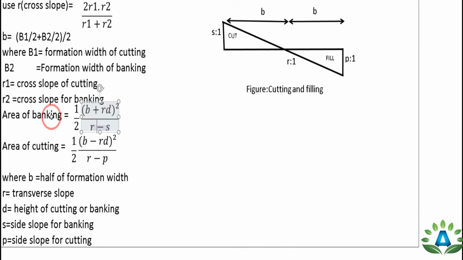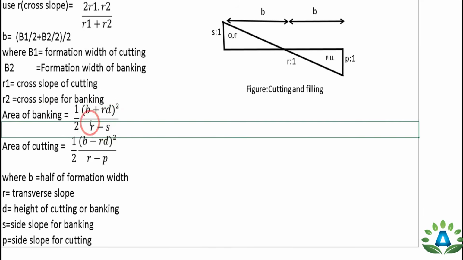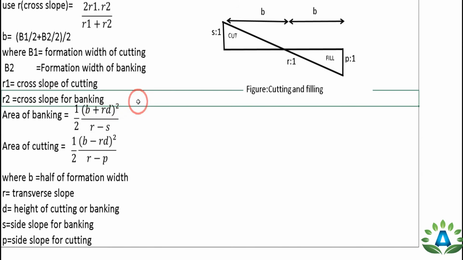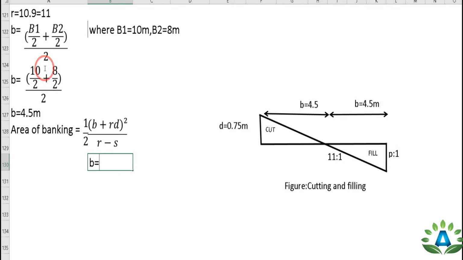Now we can easily find the value of this area of cutting and filling. So you can simply use this formula, 1/2 (B + RD) whole square by (R - S), and here you can either use plus or minus. It doesn't matter because the value of D will always be 0. So you can simply use plus now. So here we have already calculated this B, that is, by using this formula we get this value equals to 4.5 meter.